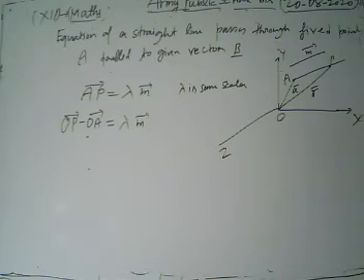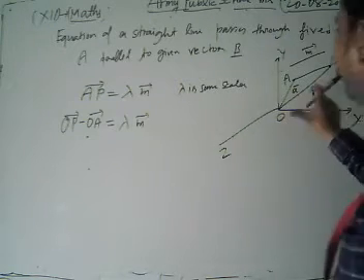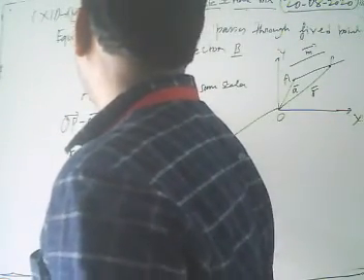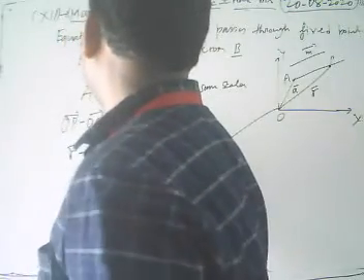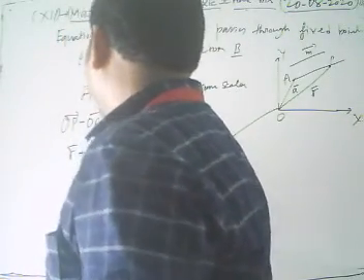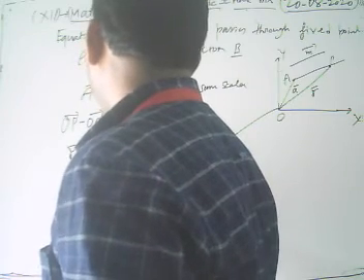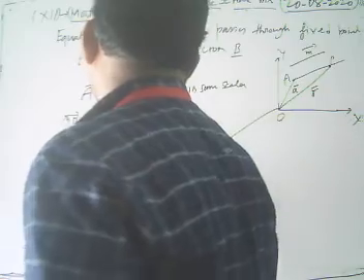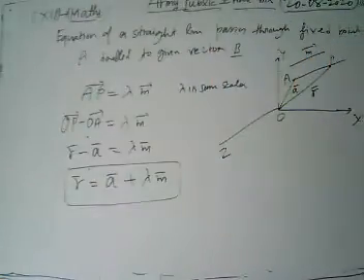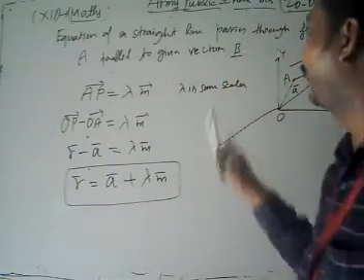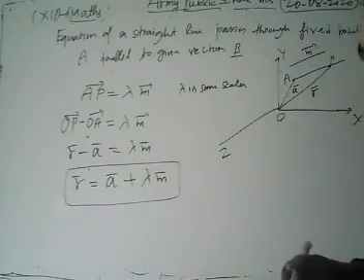Then the position vector r equals a plus lambda m. This is our vector form of the equation of a straight line passing through the fixed point A.